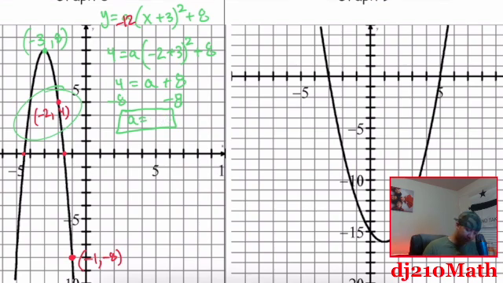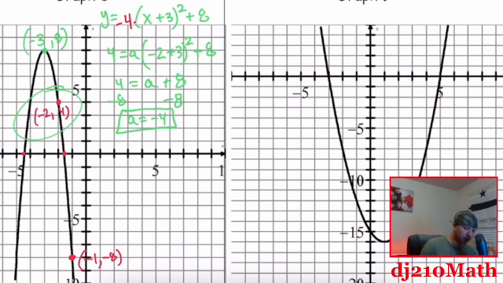What is 4 minus 8? -4. So this is really -4. That seems much better.